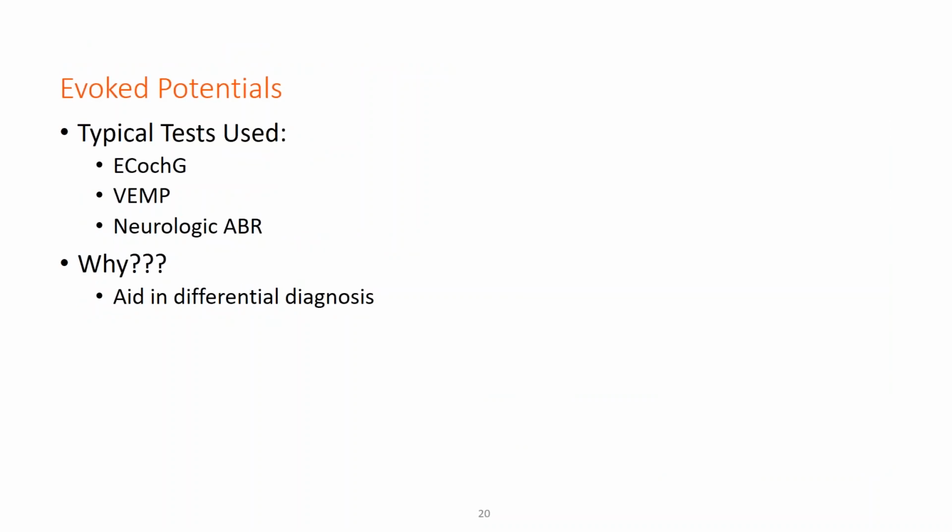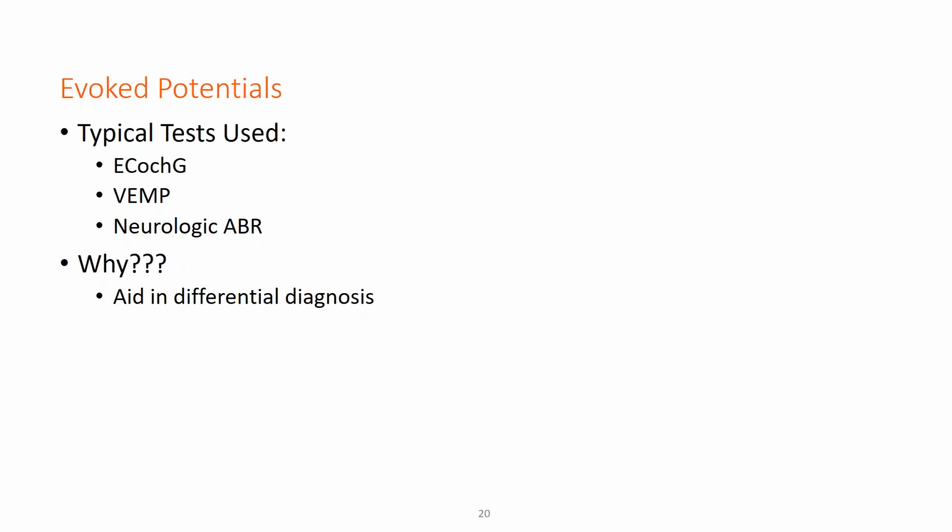Coming along here, I know we're running out of time, so I'm going to go through these, but I don't think this is where as much of the meat is. Evoked potentials are also out there. It's something that can tend to get overlooked. Electrocochleography can be very strong for detecting Meniere's disease, or it has been. It kind of depends on if the patient is symptomatic the day you see them or not.